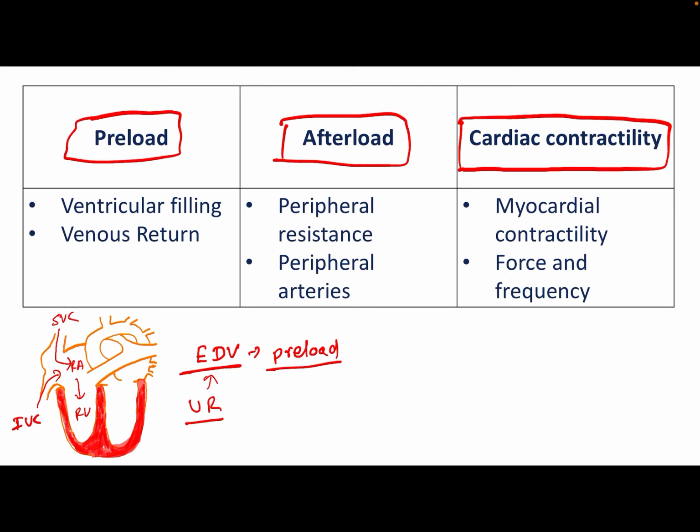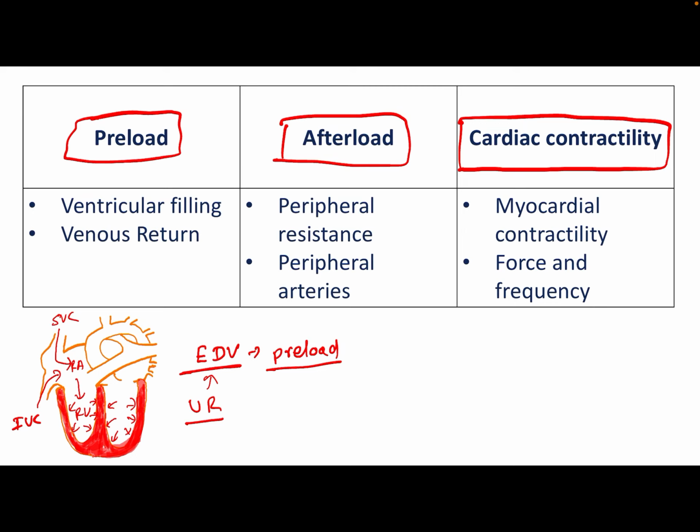Now this blood at the end of the diastole exerts pressure on the ventricular muscles. It is already exerting pressure, and after the end of the diastole the systole, that is the contraction, starts.